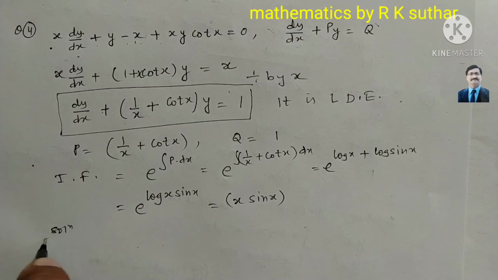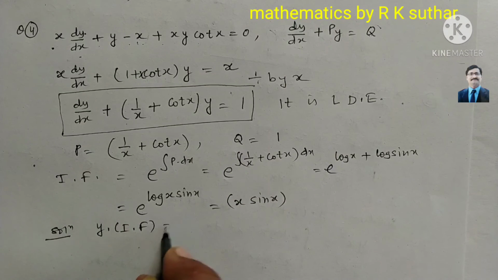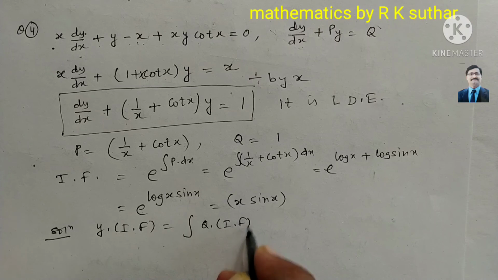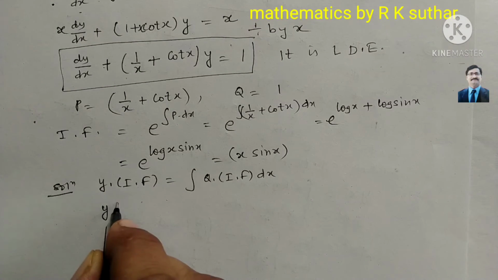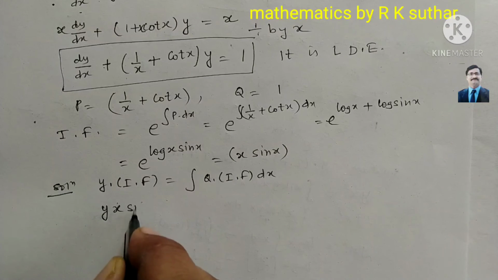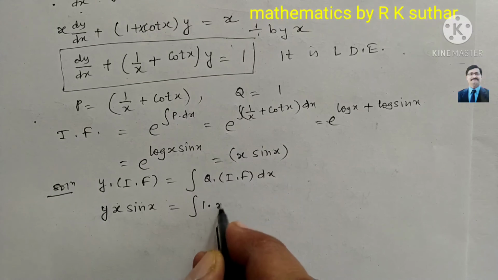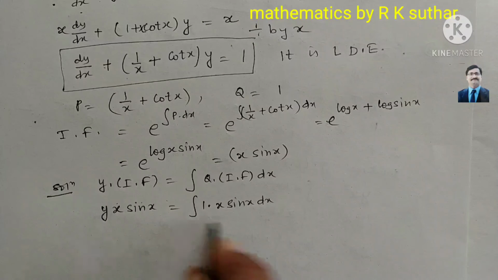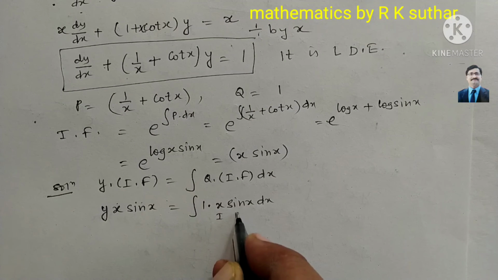Now our solution will be y into integrating factor equals integral of Q into integrating factor dx. So y times x sin x equals, with Q being 1 and integrating factor x sin x, integral of x sin x dx. Now we do integration by parts: this is first and this is second.